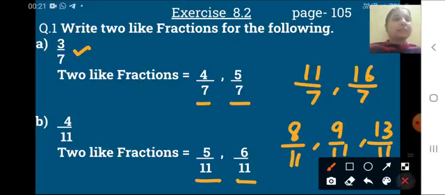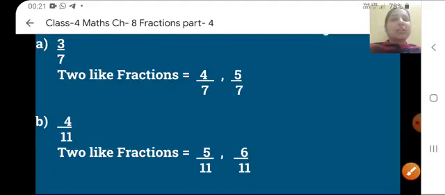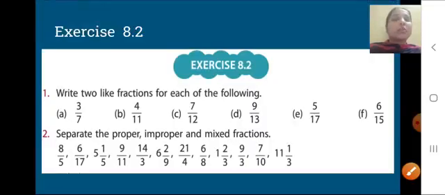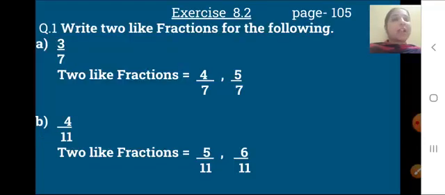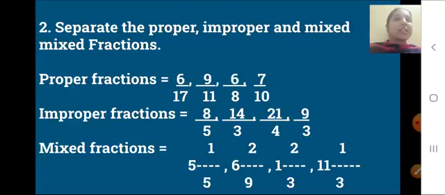Now children, number 2 is to separate the proper, improper and mixed fractions. Out of these fractions we have to separate them into proper, improper and mixed fractions. So here is the answer. Here you can see proper fractions. What are proper fractions?